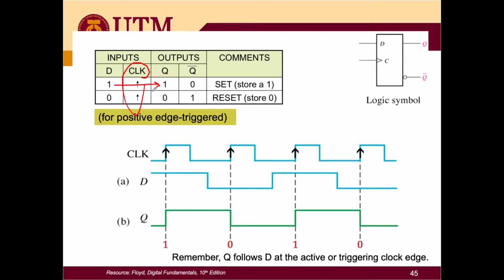And the output is similar for the value of D. So please try to do it, because it is just a repetition of what happened in your lectures, only the difference is at your clock.